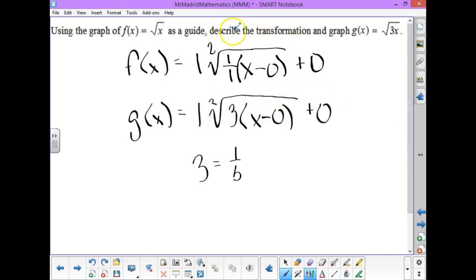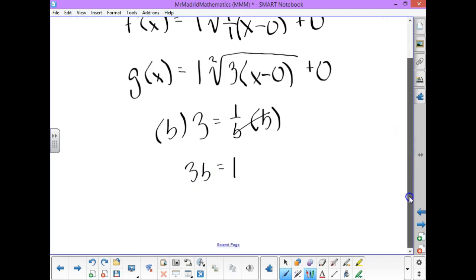When they say describe the transformation, basically identify what is different from the parent and discuss it. There are different ways to approach it. The method that's maybe more comfortable is to cancel out b here: I'll multiply by b, so I'm looking for 3b equals 1, and to solve for b, I can divide by 3, and I'd be left with b equals 1/3.